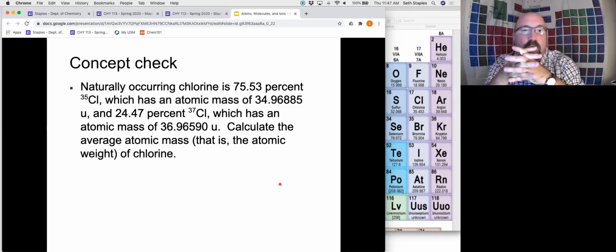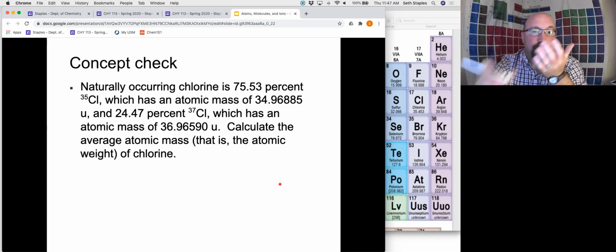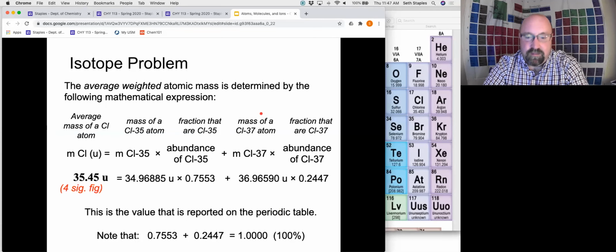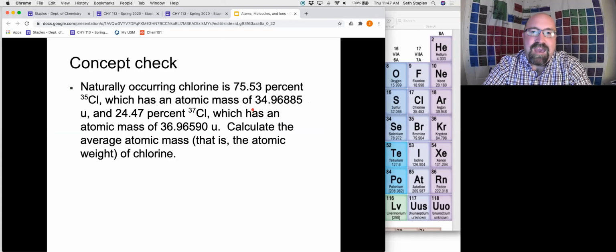And so chlorine, as it occurs naturally, has a 75.53% abundance of chlorine 35. And so again, that means that 75.53% of all chlorine that exists on Earth will be chlorine 35, which has a mass of 34.96885 atomic mass units.